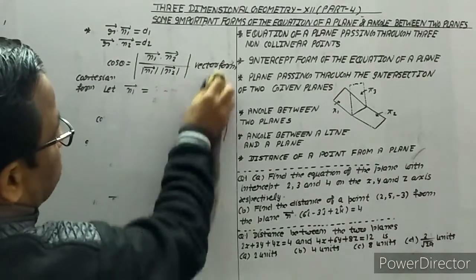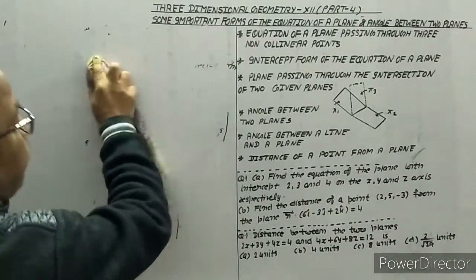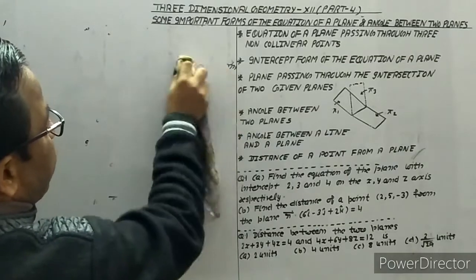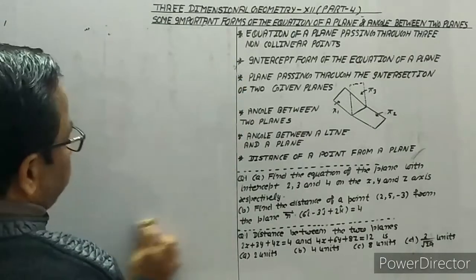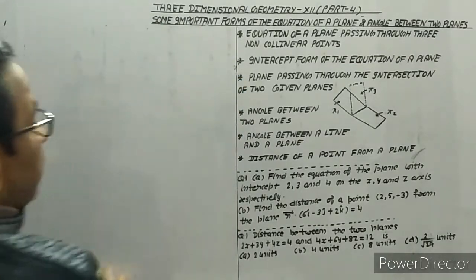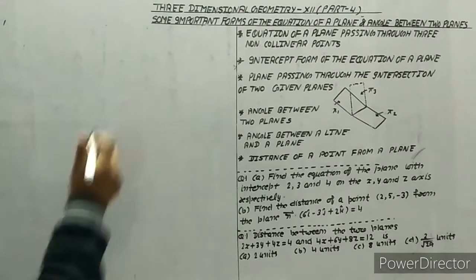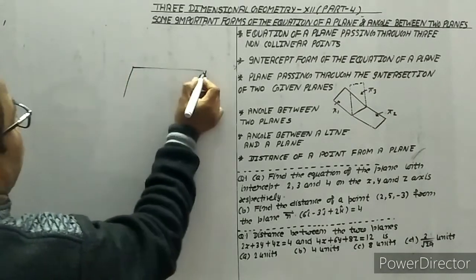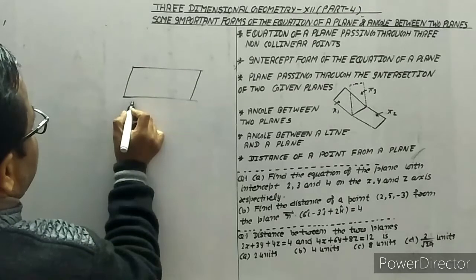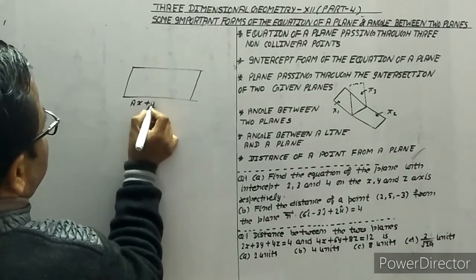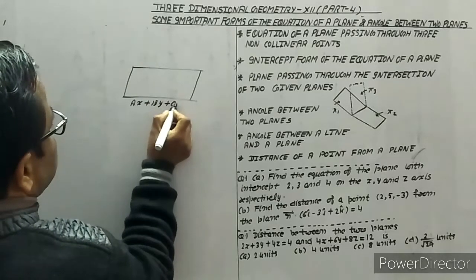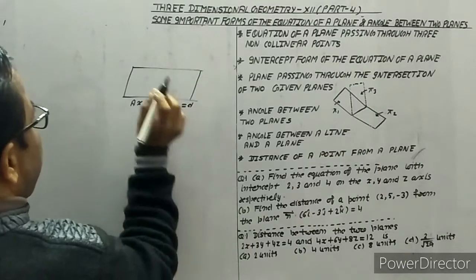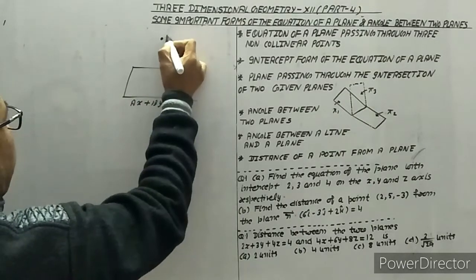Now look at this. Another very, very important point is the distance of a point from a plane. Let us consider a plane whose Cartesian form is ax plus by plus cz is equal to d, and this is the point A with coordinates x1, y1, z1.